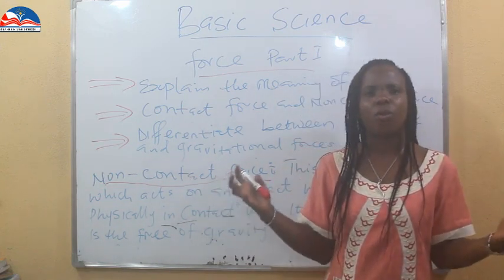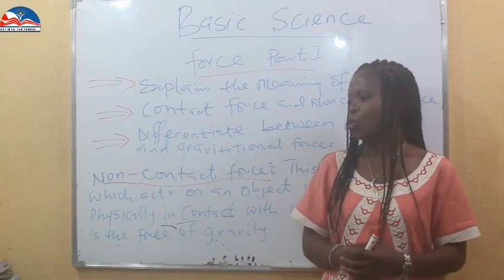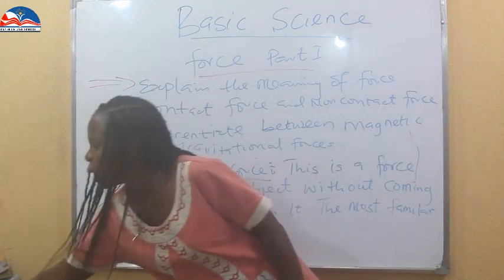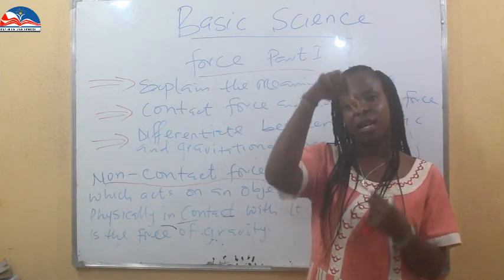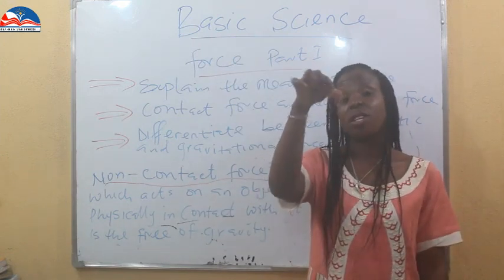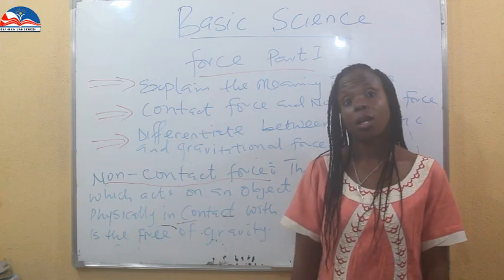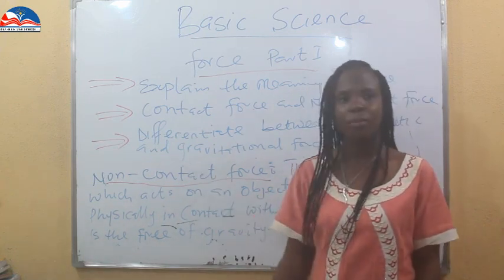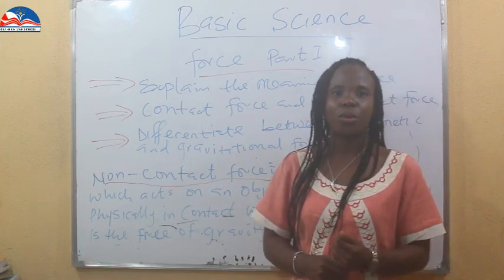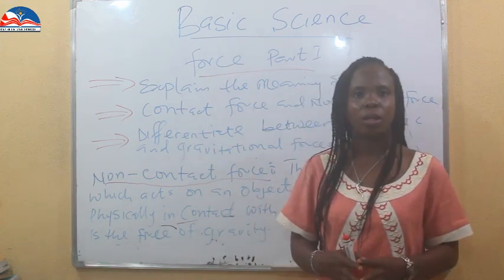This force doesn't require two objects to come into close contact. Me as an object and the rubber ring as another object don't need to come into close contact for a non-contact force to happen. But the gravitational rule is a universal rule.